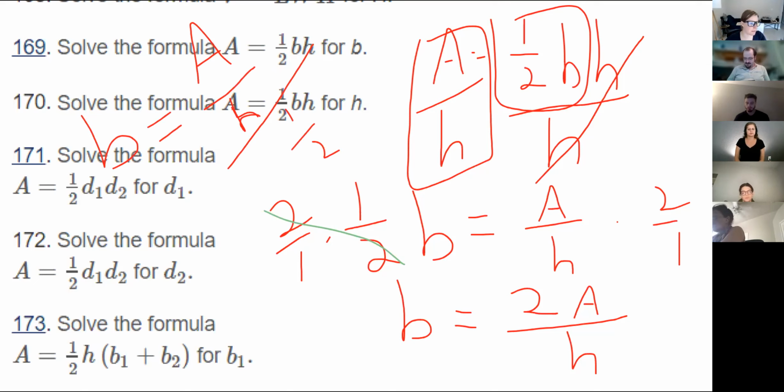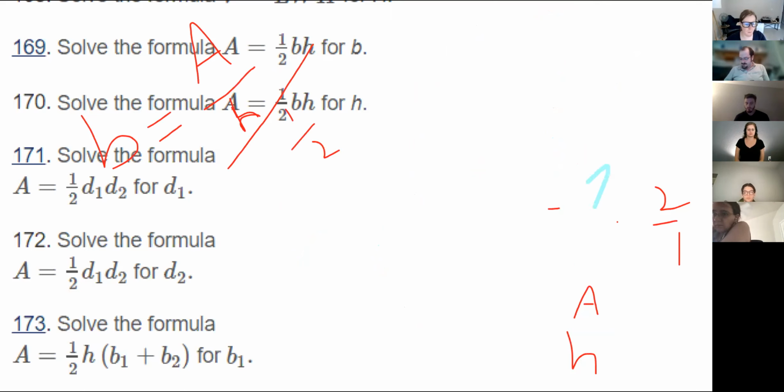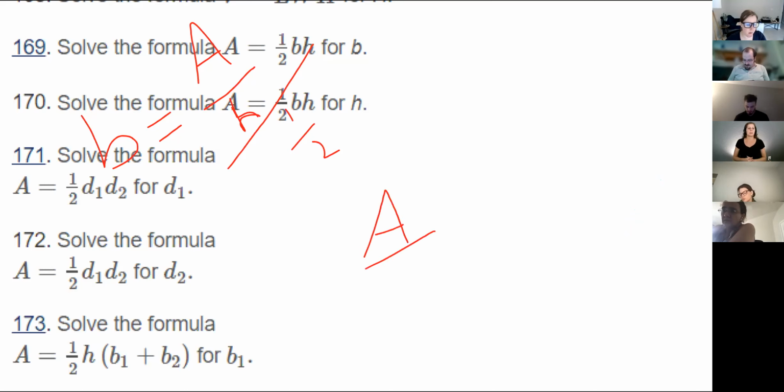So let me go over that. Suppose you divided by a half on both sides and ended up with this thing on the left. How would you fix that? First thing, I would not write it in that format. I would write it with the division bar, so it's a over h divided by a half.